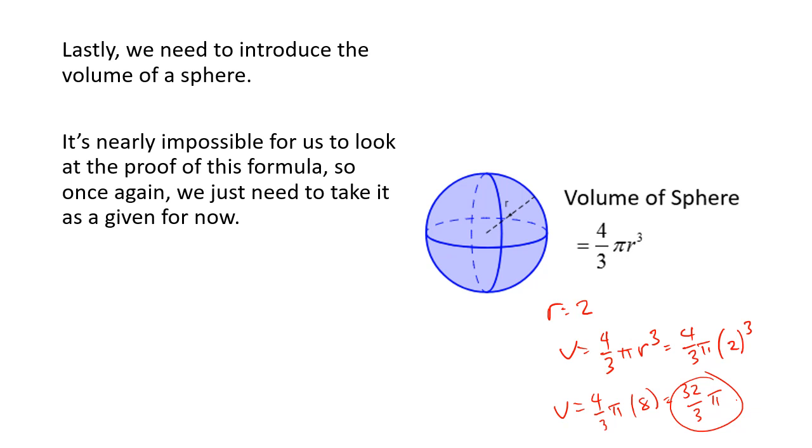And if I want to substitute 3.14 for pi and get an approximation, I certainly can. But this is just a plug and chug formula right now. There's a lot of explanation that can go into it eventually, but it's not going to happen in this class, unfortunately.